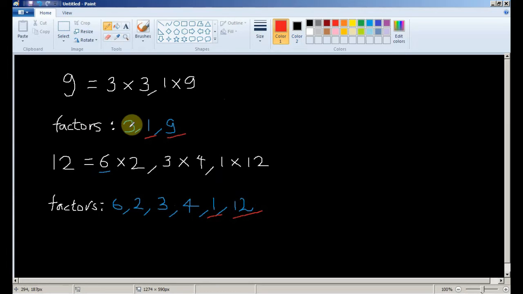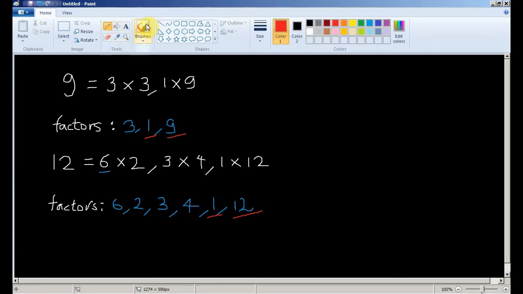For example, 3 is a different number from 9. 12 has these many numbers which are different from 12 itself, and 1 is excluded. We don't count 1 and the number itself. These are some examples. You may find that most numbers are composite and few numbers are prime numbers.